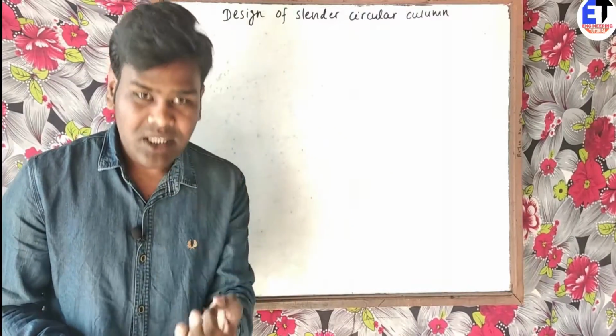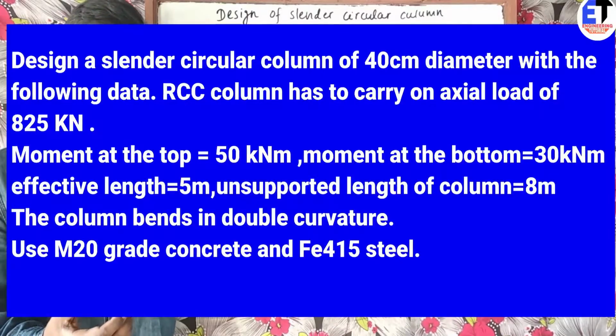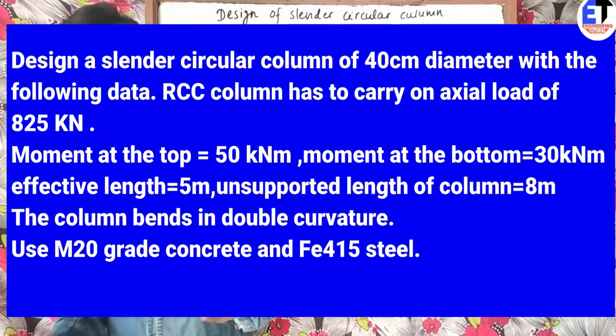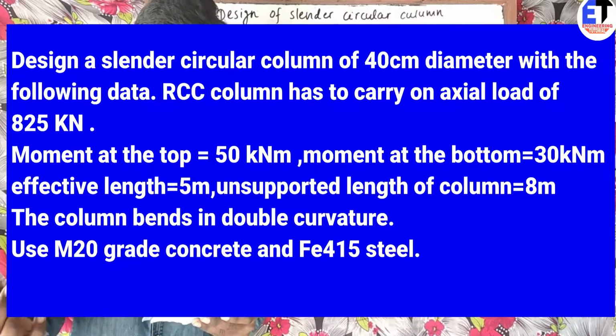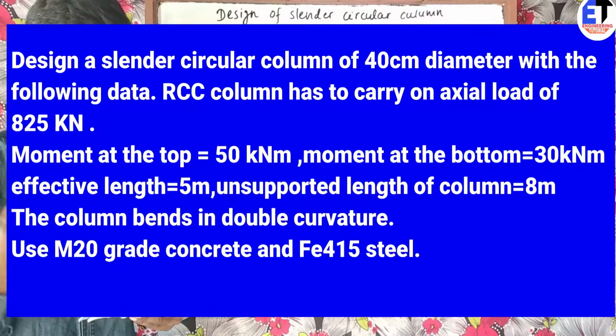The question we are discussing today is very important from the exam point of view. The question is showing on the screen. Let's read it. Design a circular column of 40 cm diameter with the following data.